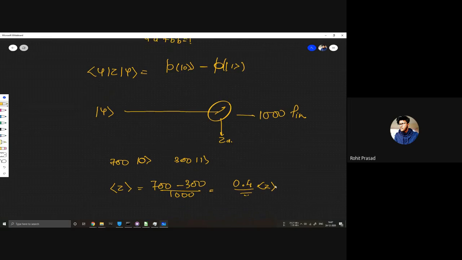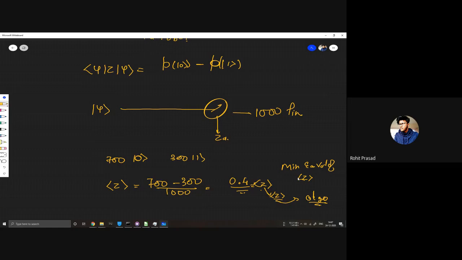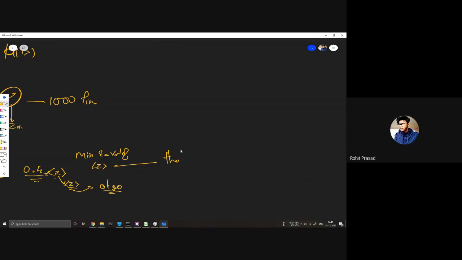Now if we minimize this expectation value of z using some algorithm, we will get the minimum expected value of z, that would be equal to the minimum eigenvalue of z. That's actually -1.